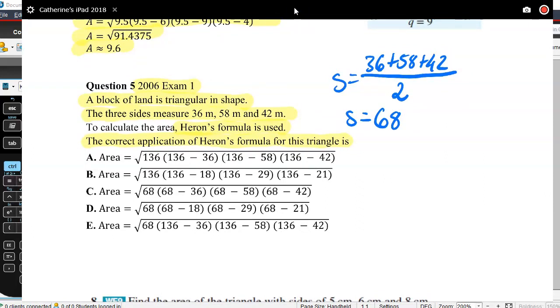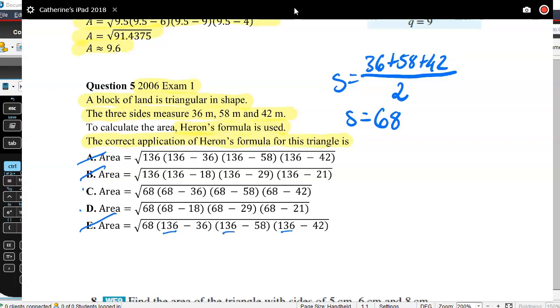So that's a starting point, isn't it? I know it can't be A, can't be B, because they're saying S is 136. What do you think they did wrong there? Yeah, they didn't divide by 2. And looking at these also, it can't be E because they've got that 136 there.